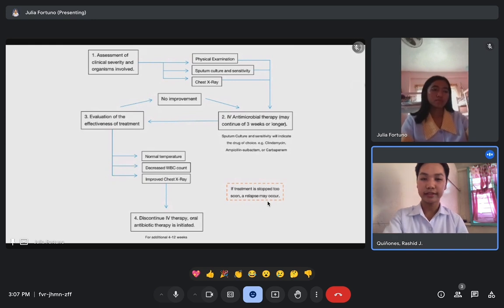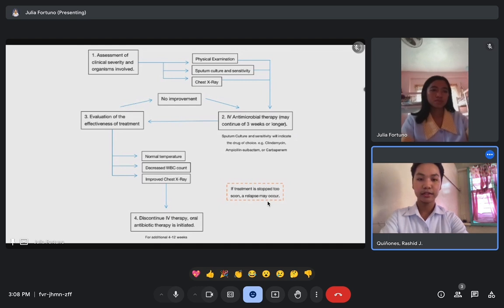So next is evaluation of the effectiveness of treatment. After the administration, if there is no improvement, the antimicrobial therapy given intravenously will continue. But if the evaluation reveals normal temperature, decreased white blood cell count, and an improved chest x-ray, the IV therapy will be discontinued and oral antibiotic therapy is initiated for an additional 4 to 12 weeks.